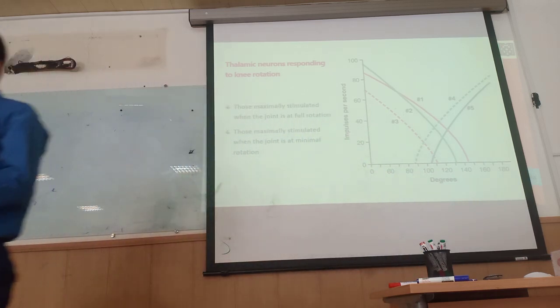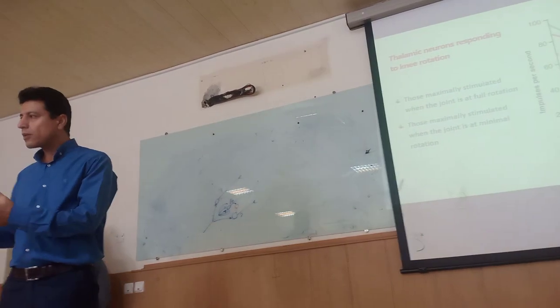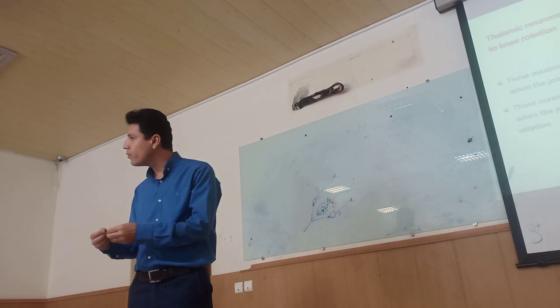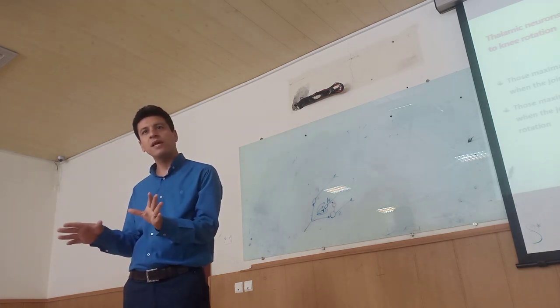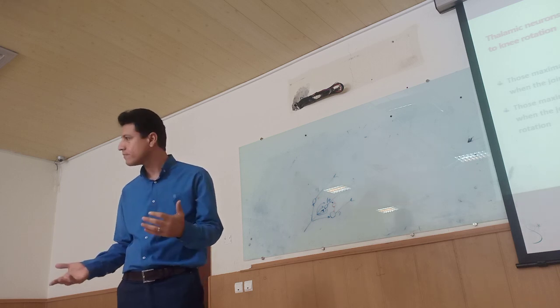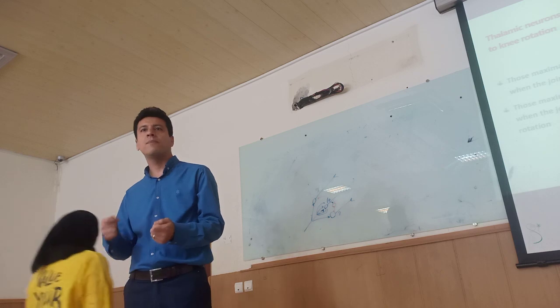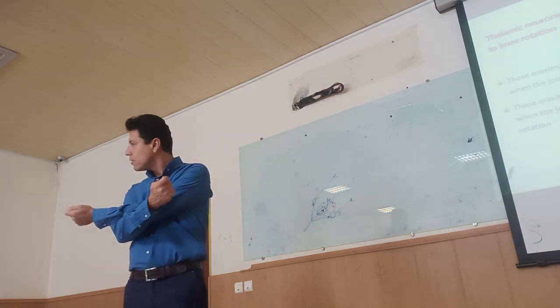So, what does the brain see? The brain sees some population of the neurons from the thalamus are highly active, other populations are totally silent. So, this means total bending. Okay? In other situations, the brain sees that the pattern of activity is completely changed.